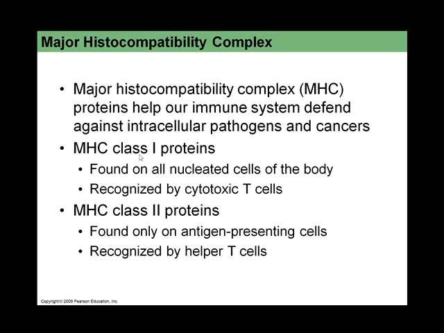So again, the MHC class 1 is on all nucleated cells. MHC2 is also found in nucleated cells, but those nucleated cells are strictly in the category of the antigen-presenting cells. So there are only three that we had mentioned: the macrophage, T cell, the NK cell, and the dendritic.